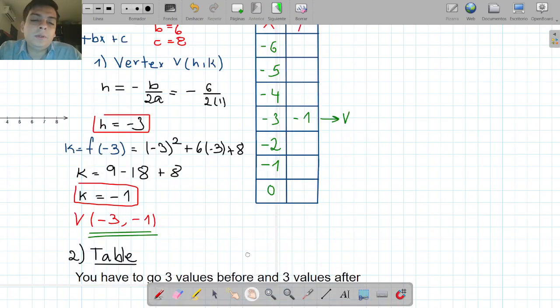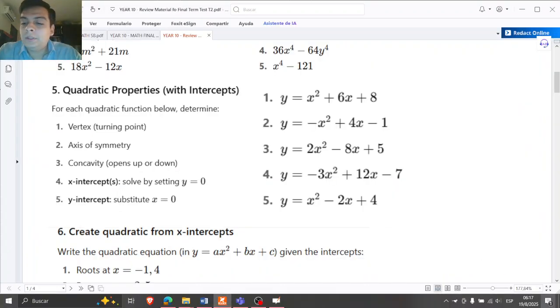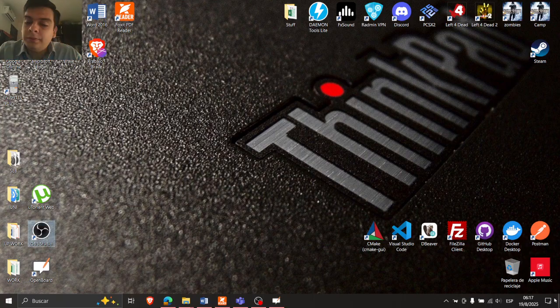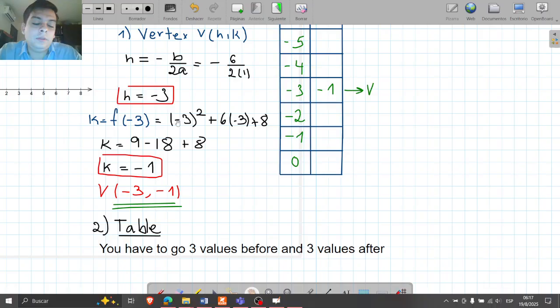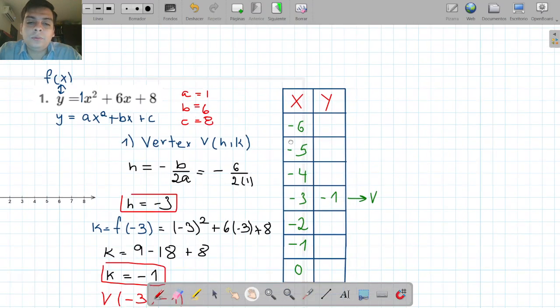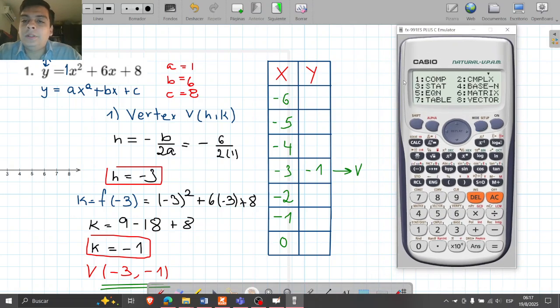Then what we are going to do is go to the calculator. Sorry for that. We are going in our calculator and we are going to write what we have here. To enter this mode, the normal mode is mode 1, but if we write mode table, it can be a different number in your calculator.